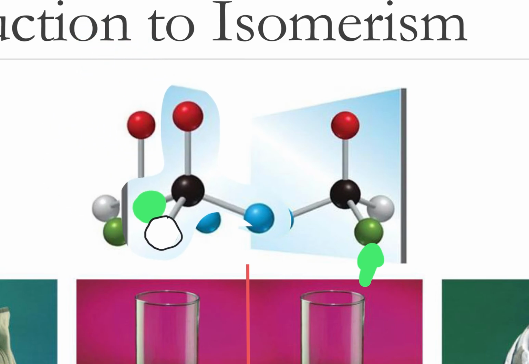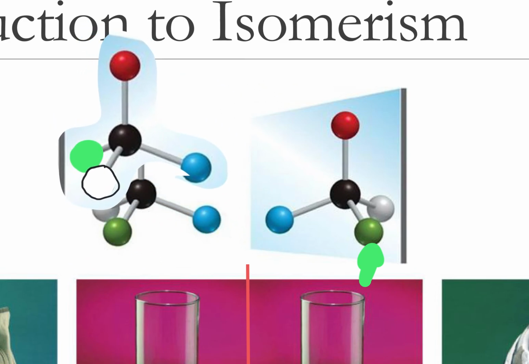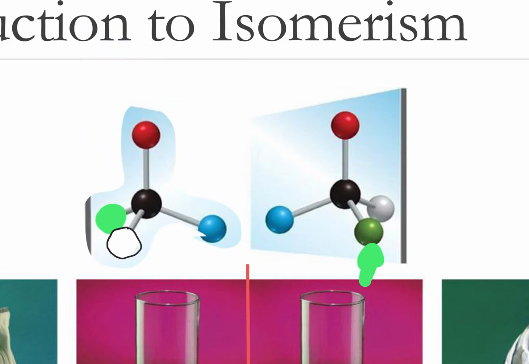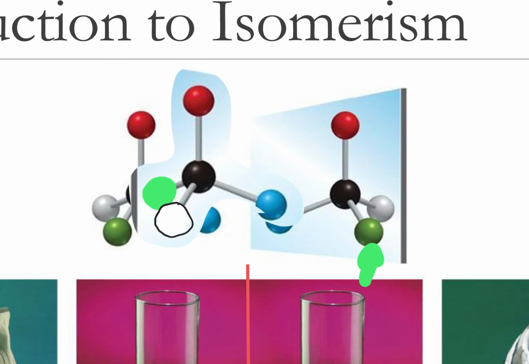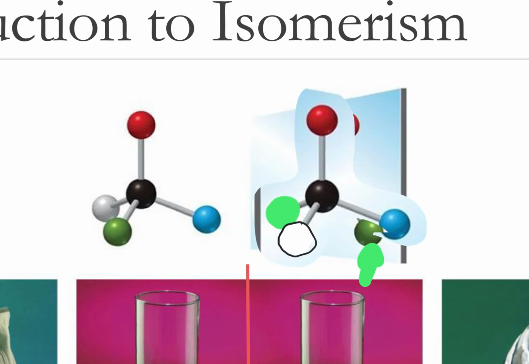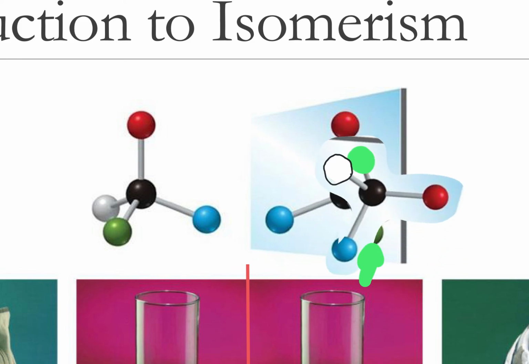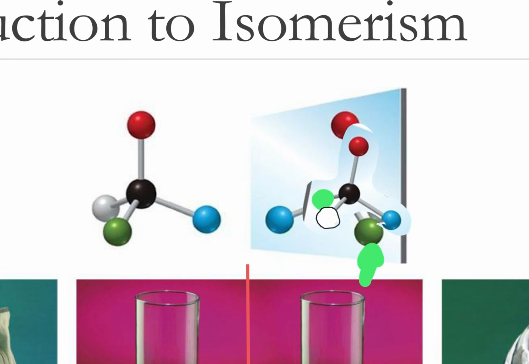And you can see, because the green and the white aren't in the same space as each other, although the red and the blue are, these are different molecules. They are therefore chiral molecules. I can't rotate it any other way. It'd be nice if I could do that.